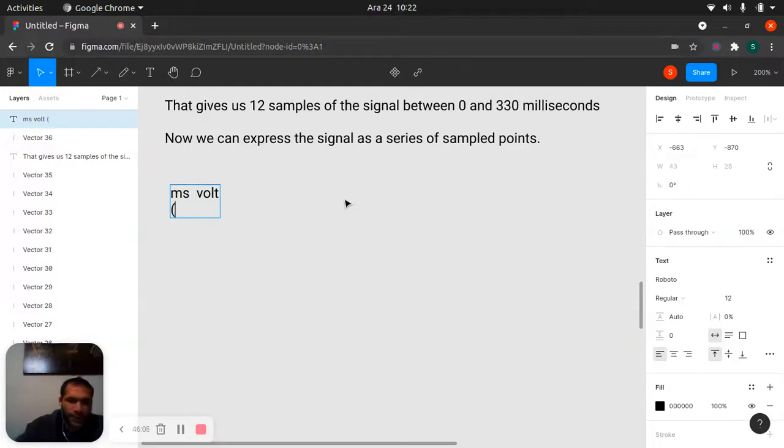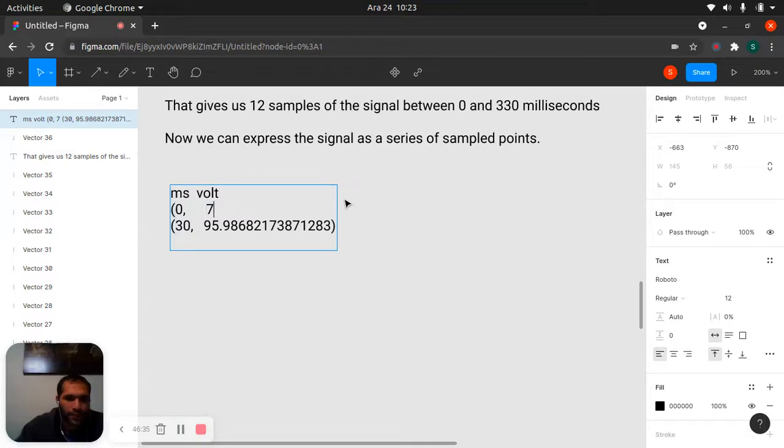Let's say this one is 0 and this one is 7, and this one is 30 and this one will be 5 point something, and all the way some number, and come down.